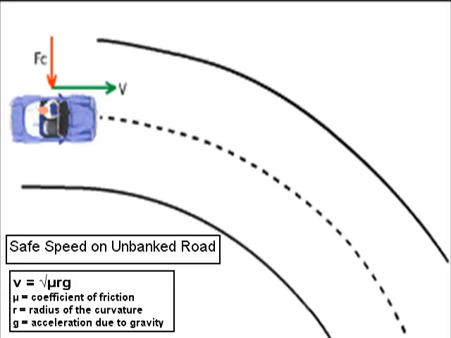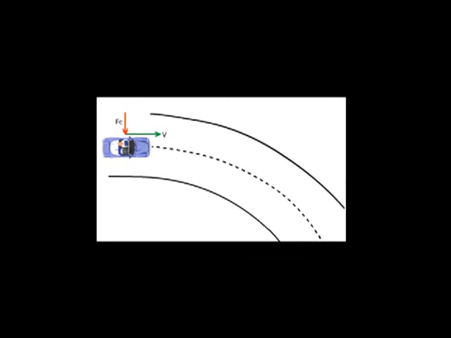So by increasing r or mu, we can increase the safe speed. If the centrifugal force becomes more than centripetal force, the vehicle is likely to be thrown off tangentially.